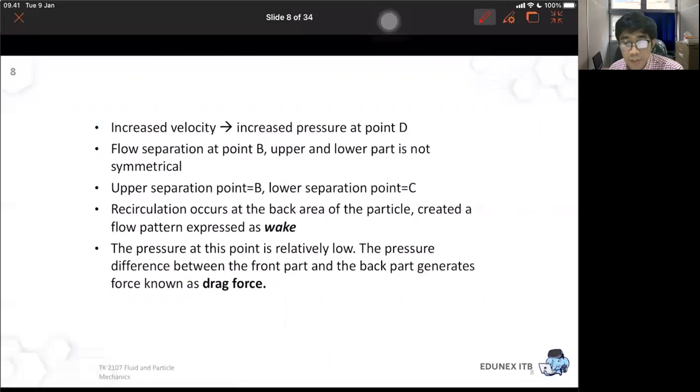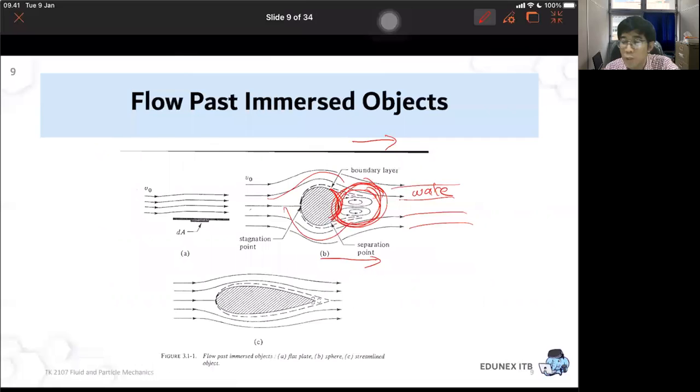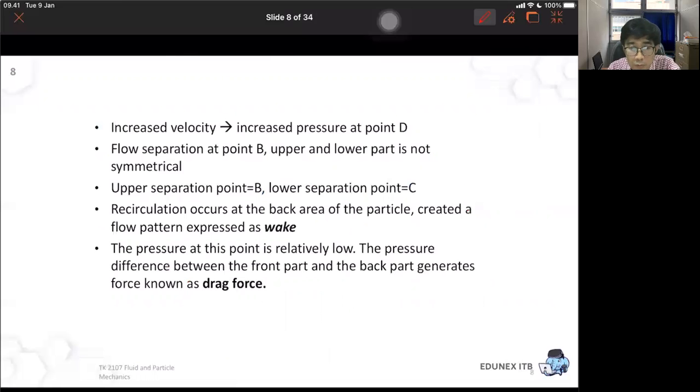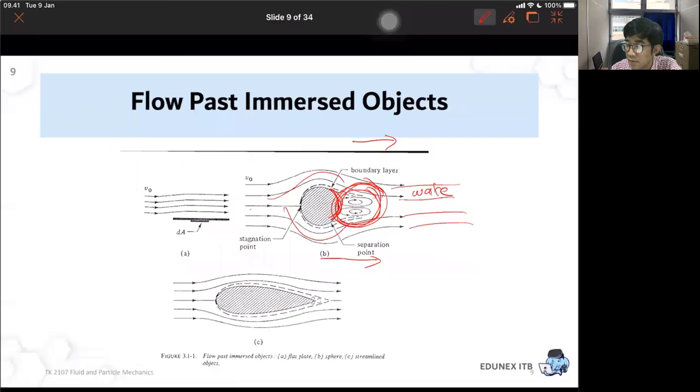And then the pressure in this part will be relatively low because there is more friction. Actually, the formation of the wake will depend on the shape of the particles.